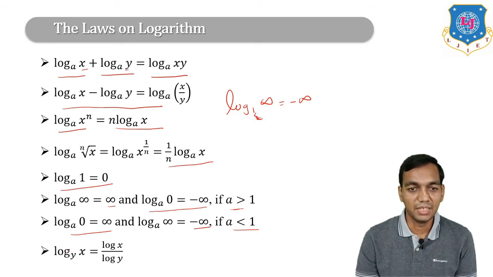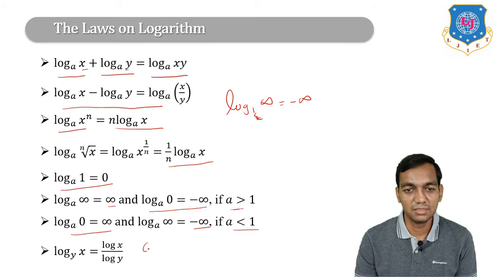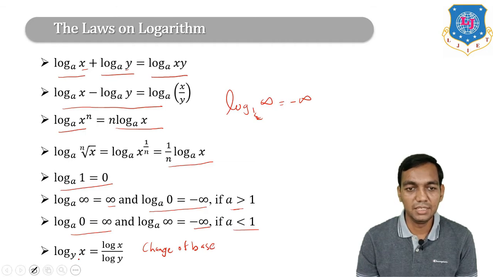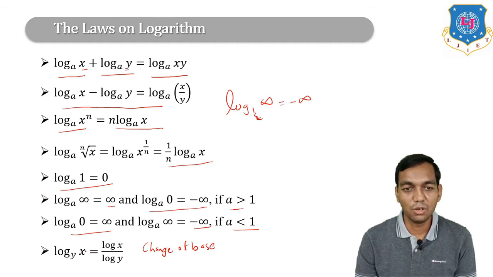Done? And the last property is the change of base. In change of base, if you have log x base y, then it can be written as log x upon log y, where both have the same base. Numerator and denominator both have the same base. You can write any third base a, b, c, whatever you want to put.